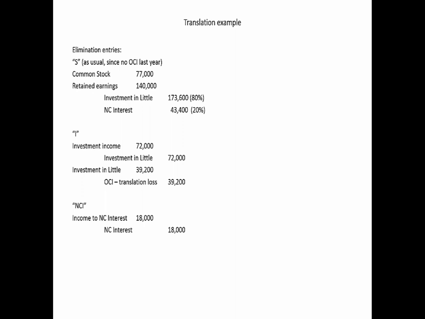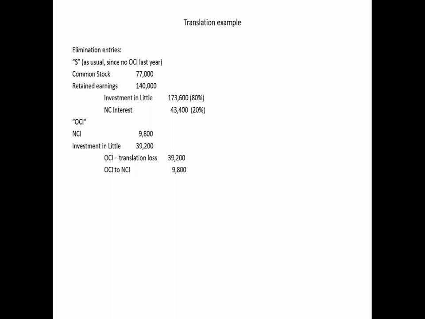First, we're going to allocate to them their share of the reported earnings, and then we're going to allocate to them their share of the other comprehensive income, or loss in this case. So again, the income to the non-controlling interest and the OCI to the non-controlling interest serve the exact same function in the income statement. They serve to allocate away a portion of the total income to the non-controlling shareholders.